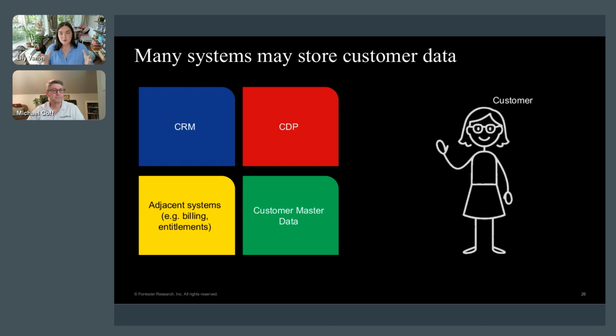There's a lot of overlap, but when you get under that first layer of detail, some bits and pieces may be missing. And this is where you see other systems that are perhaps less purpose-built for customer analytics.